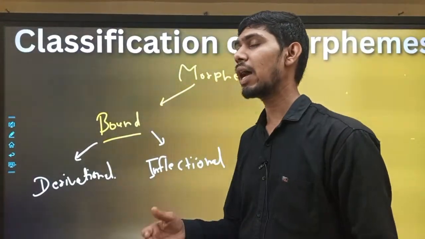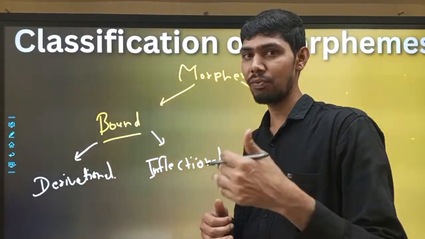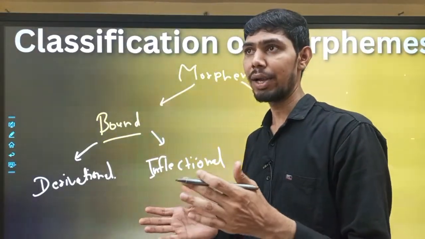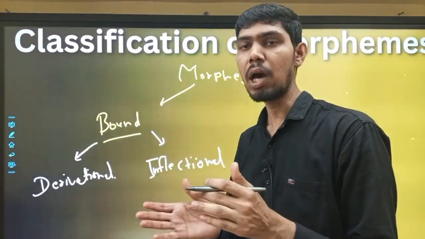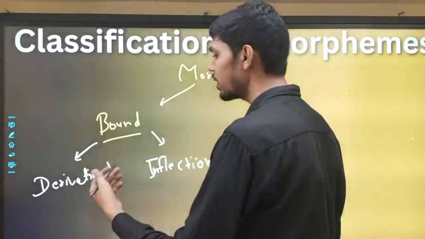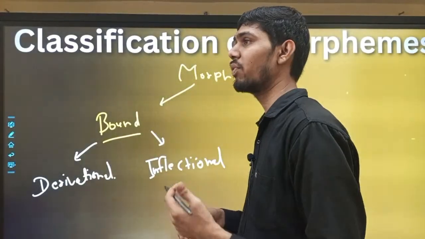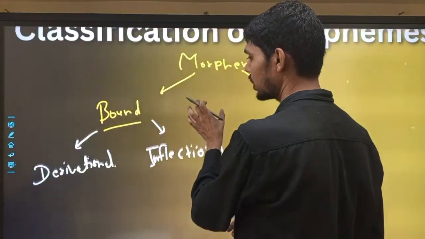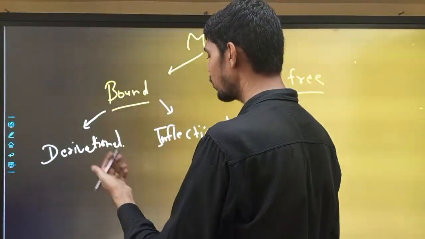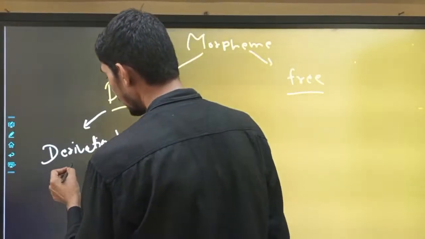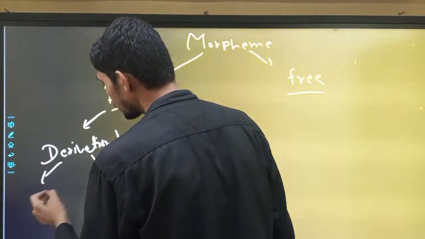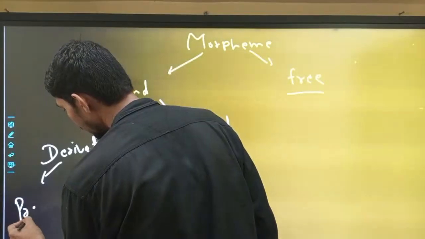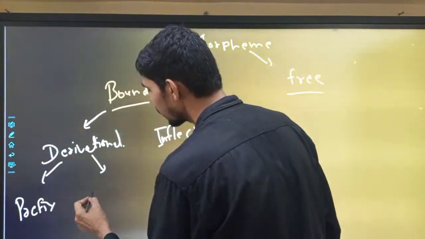Derivational means we can derive, we can create a new word by adding something at the end of the word or at the beginning of the word. That's why it is called derivational. The derivational morpheme has two types: first is prefix, and the second is suffix.